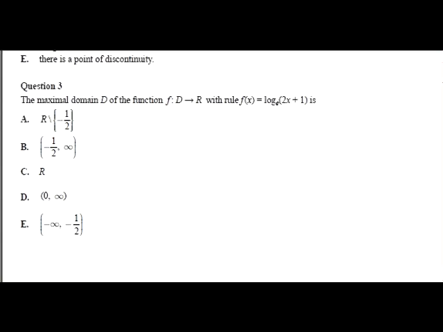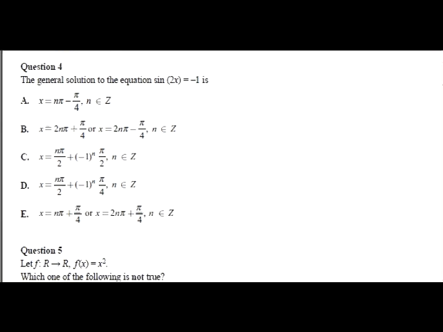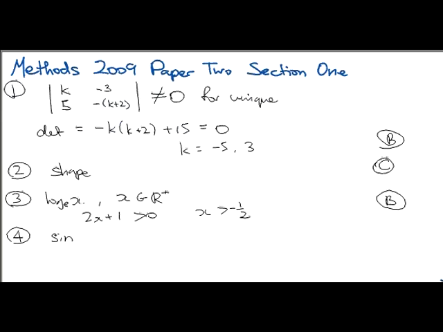Question 4. Speeding through this. General solution to sine of 2x equal to negative 1. Okay. It's not super easy. You need to write something down, but it's not very difficult either. Okay. So you know that sine of negative pi on 2 equals negative 1.